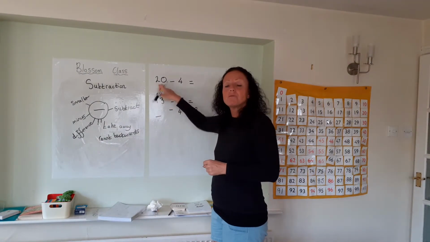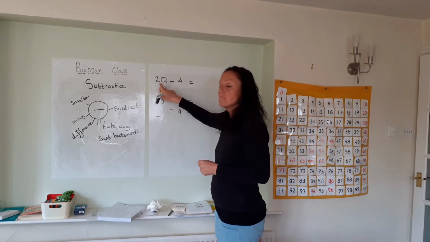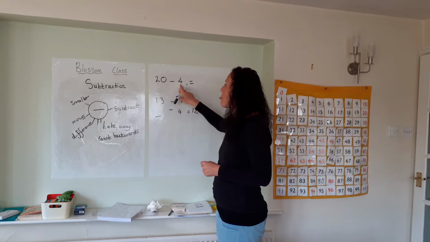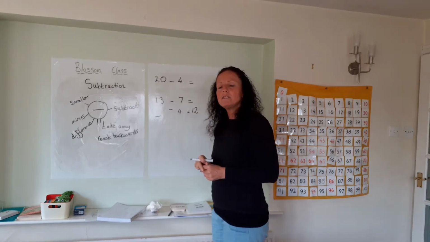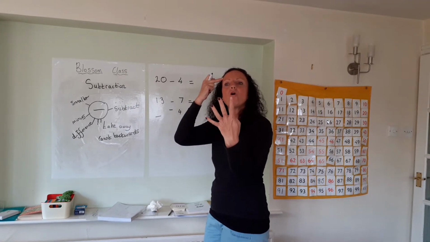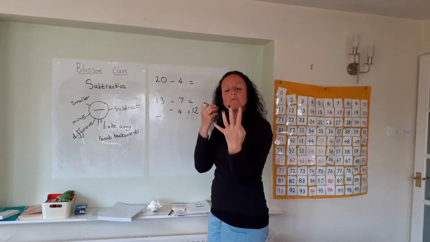So our first strategy, we're going to try and count back. So 20 minus, take away 4. So this one, we're thinking 20, we've got to take 4 away. So we need to put 20 in our head and we're taking 4 away. So don't forget counting backwards because we're taking them away.